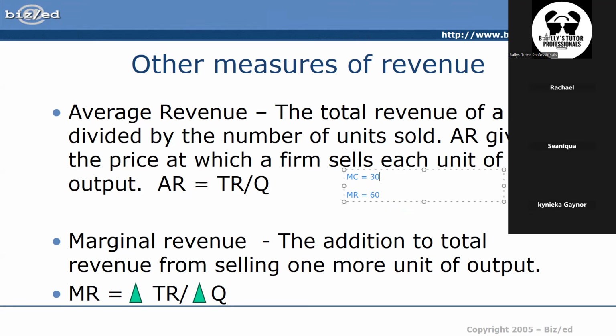So to produce this additional unit, it's going to cost you 30, but you're going to get $60 for doing it. But if it was costing you 80 and you're only getting 60, then it doesn't make sense to do it. So marginal cost and marginal revenue are related.